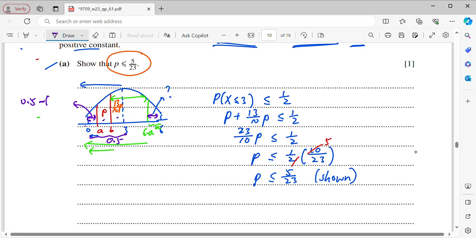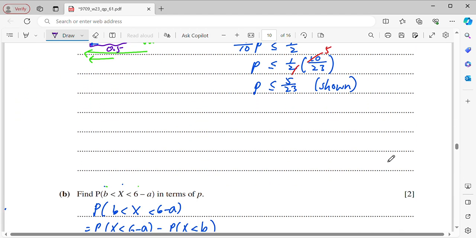That means this is 2.3p, so it is 0.5 minus 2.3p. The same goes for this part, which is 0.5 minus 2.3p.